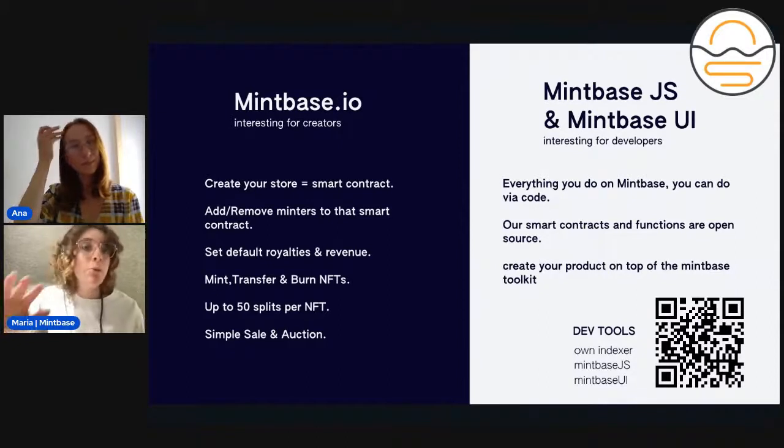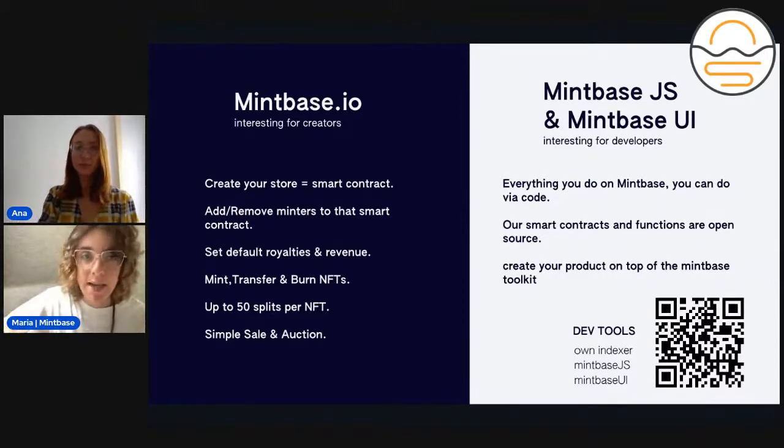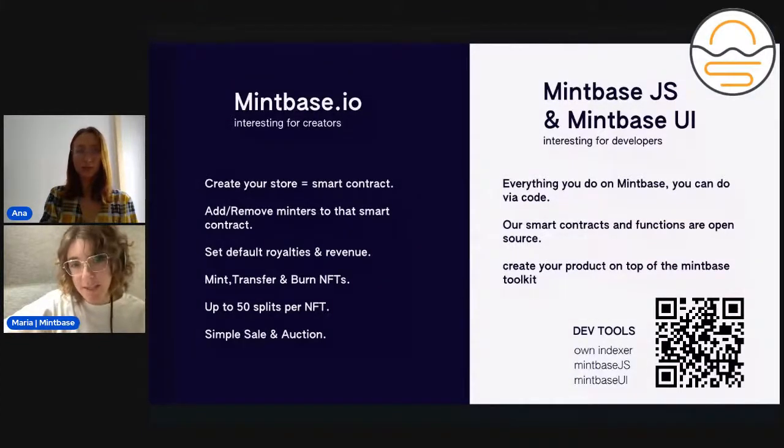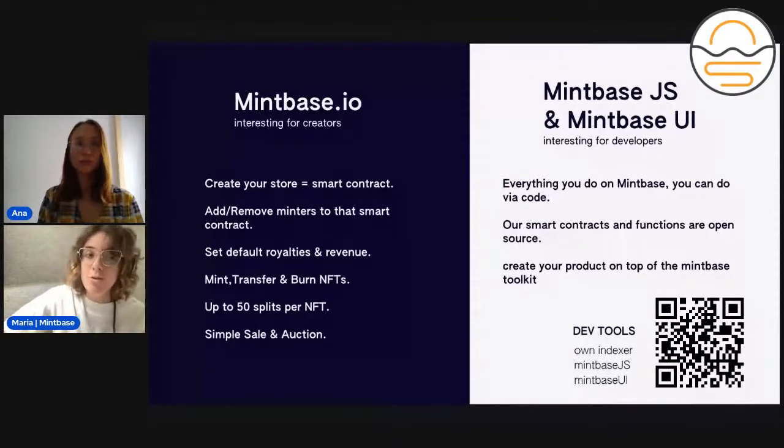On Mintbase, we will go on the UI later on the site and I will really show you how things work. But you can create your own smart contract very easily with 3 clicks. And these smart contracts are incredibly powerful. You can add minters, give people the permission to mint on your smart contract on your store, and you can remove minters. You can set default royalties and revenues.